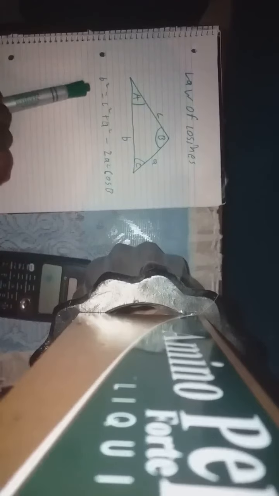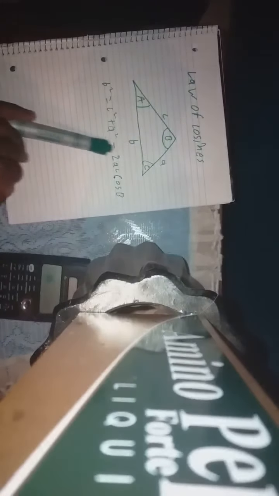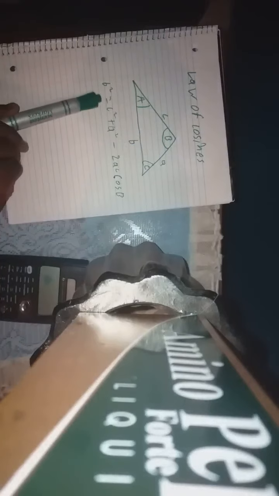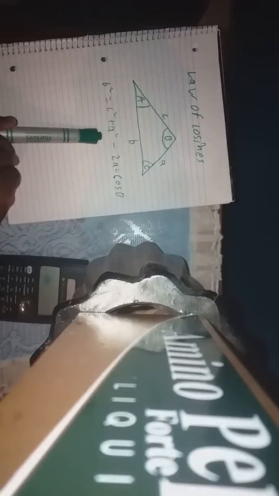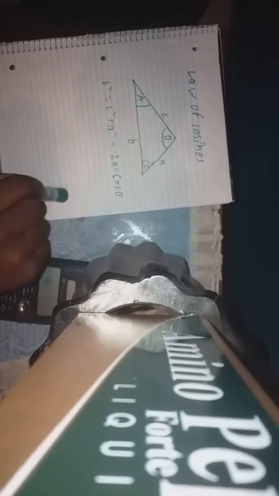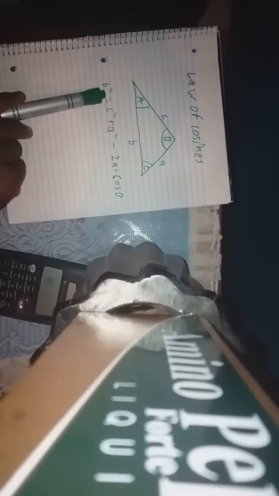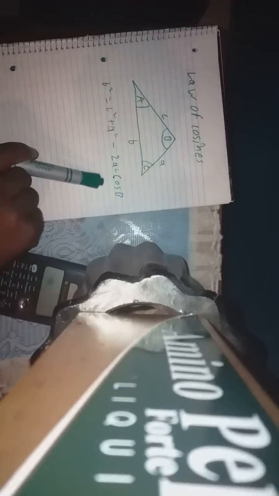What this says is that small b, the side opposite to the angle, is equal to the other two sides squared minus 2 times the other two sides times cos of the angle. So b squared is equal to c squared plus a squared minus 2 times a times c times cos of B.